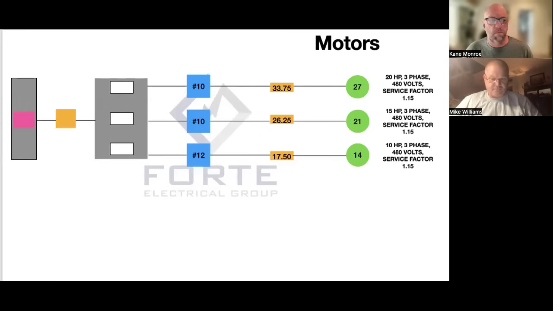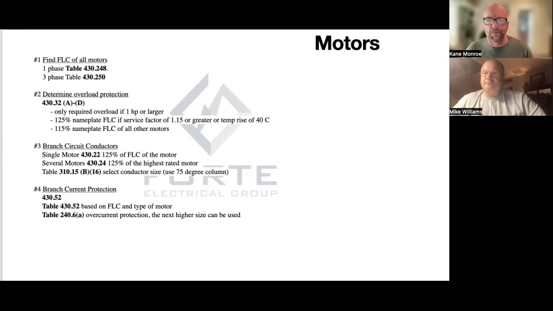And of course, we didn't put any type of motor, based on the FLC and type of motor. So you'll have to pick your type of motor. But the next thing you have to do is make sure that you go to Table 240.6(A).